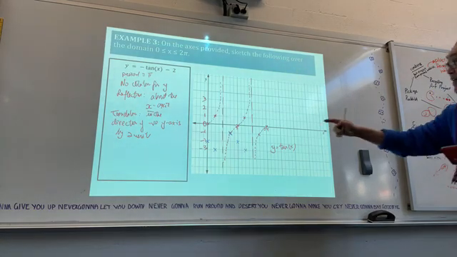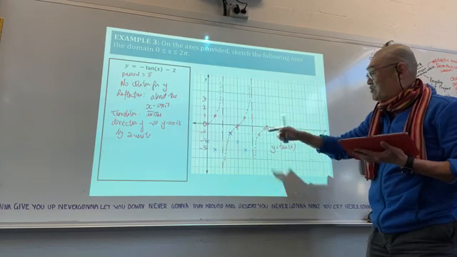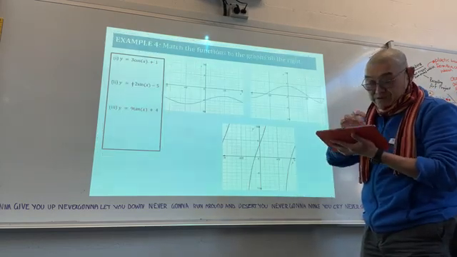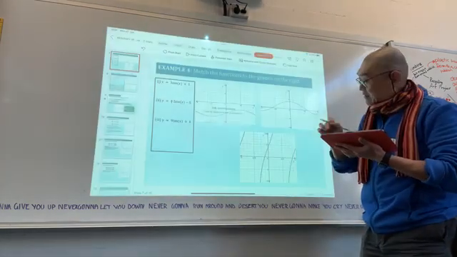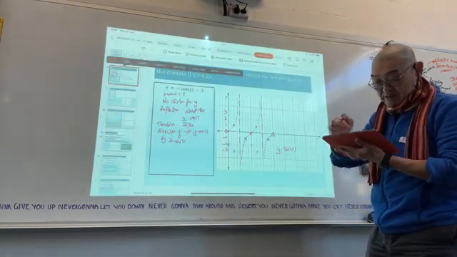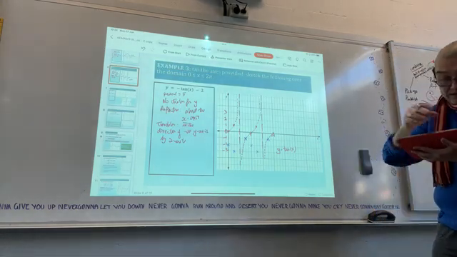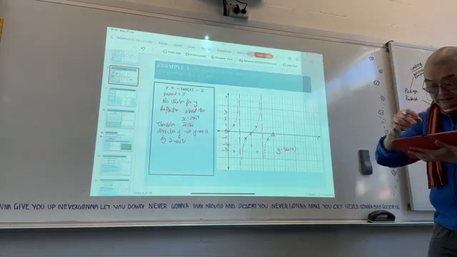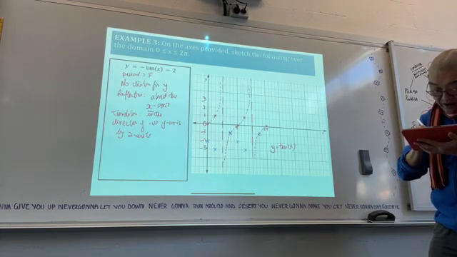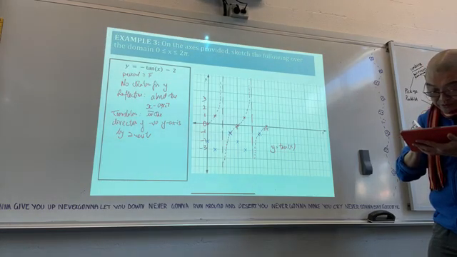And then this one is reflect, move down by 2. No change. What am I doing? I want this one, and then move down by 2.